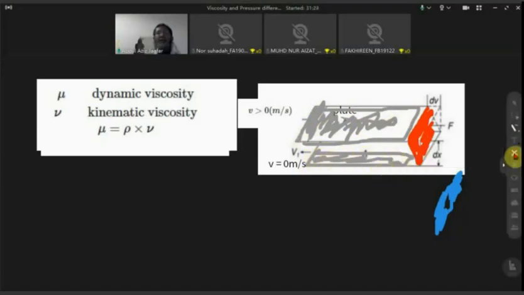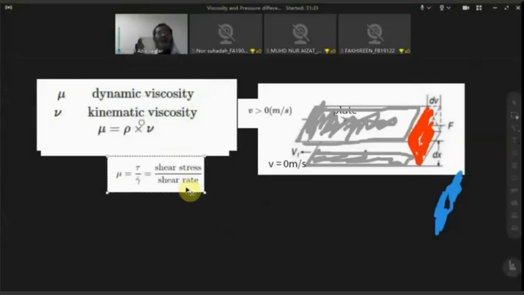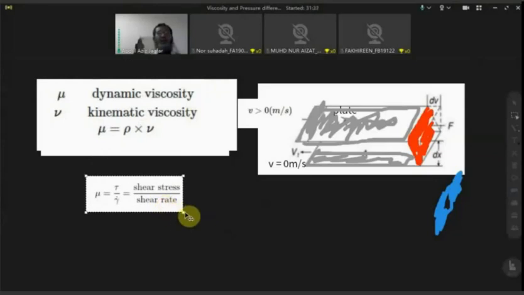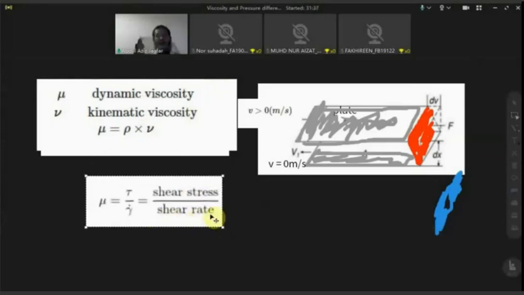Right. So what happens is that the plate on the surface creates a shear force on the fluid. It transmitted the surface forces to the fluid, and the direction will be like a shear force.